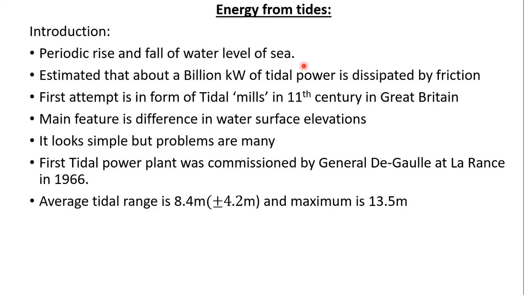The first tidal power plant was commissioned by General De Gaulle on the Rance in 1966. This is a breakthrough point because he first experimented with the generation of power in 1966.